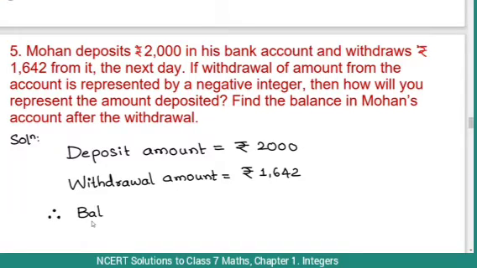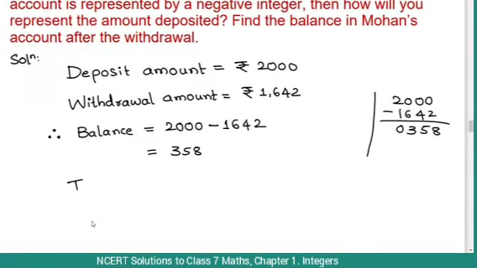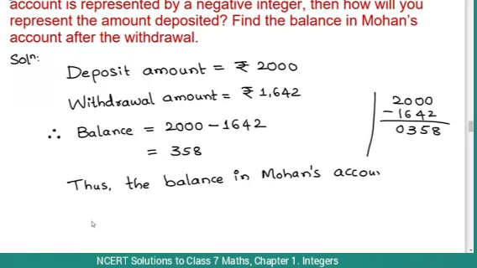Therefore, balance is equal to deposit minus withdrawal amount, that is 2000 minus 1642, which is equal to 358 rupees. Thus, the balance in Mohan's account after withdrawal is rupees 358.